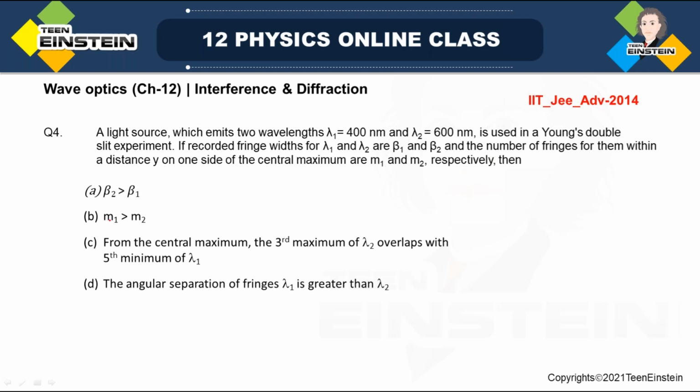So that's why this is the correct option here, because beta 2 corresponds to the wavelength of 600 nanometer.